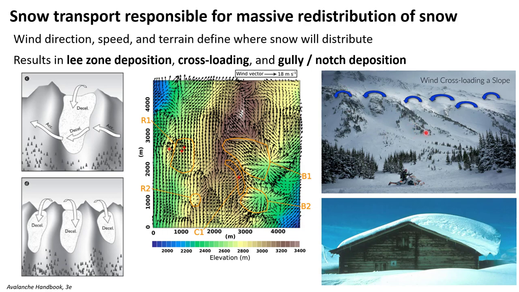And so that gives rise to some complex loading of slopes, which can totally change the nature of the snowpack, especially if you go and dig a pit and start to analyze and you say, I don't really understand why I'm getting these really small rounded grains. That's when you start to consider what are the wind effects, and am I seeing any effects of wind deposition on the snow and the snow metamorphism.